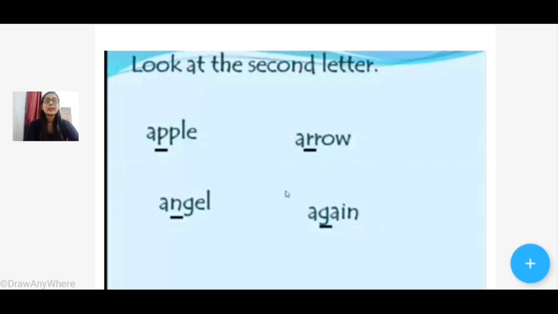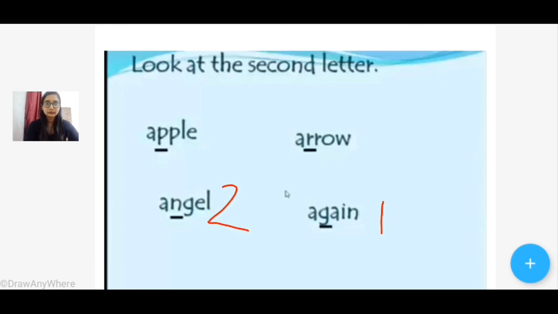A, B, C, D, E, F, G. We have second letter G. So again will be number 1. I, J, K, L, M, N. We have N. So angel will be number 2.